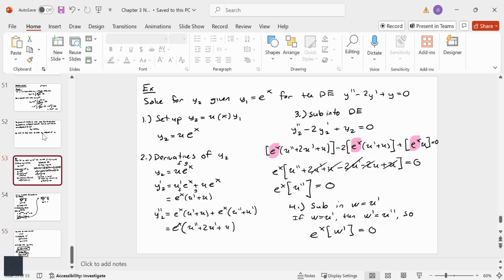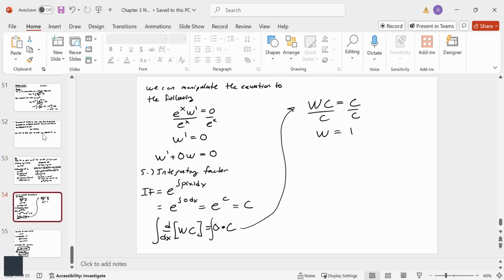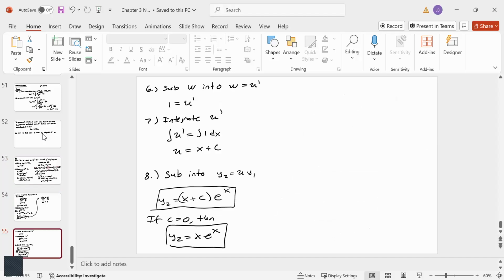So what I am doing is I am trying to find the coefficient of e to the x that is also a solution. But usually it was a number. Right now it's not a number, it's a function. So through that whole process, I figured out what this coefficient was. It was x plus c, which we could just say x if we make c equal to 0. Or c could be whatever ends up being with the initial conditions.